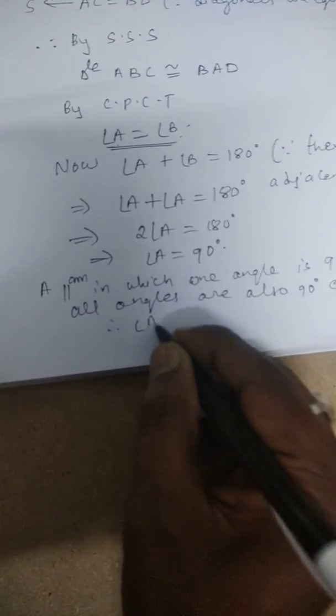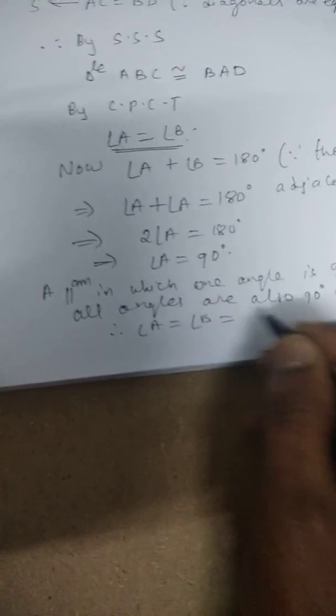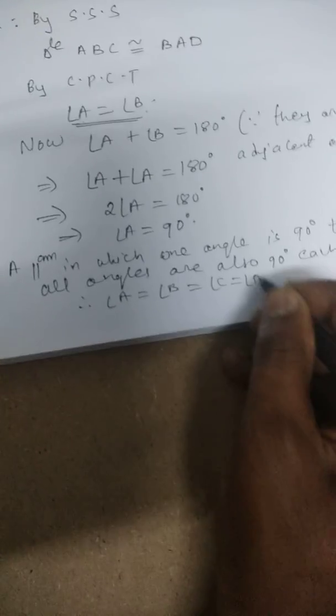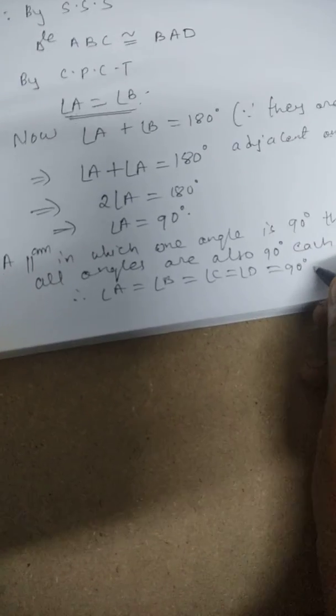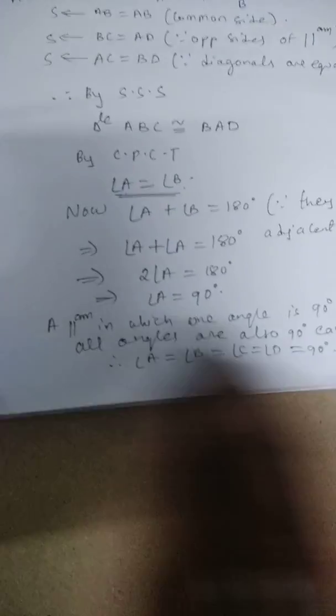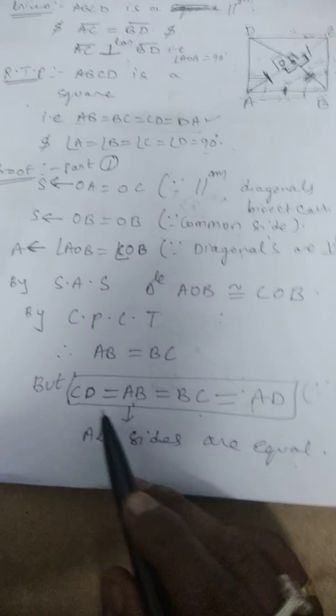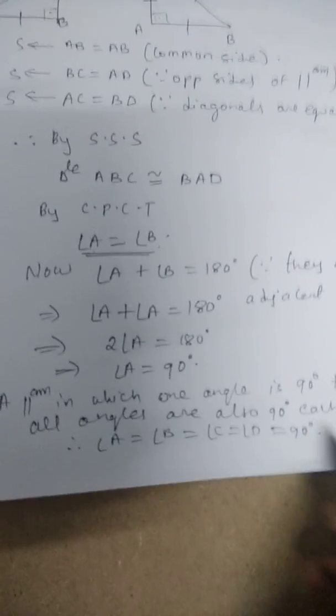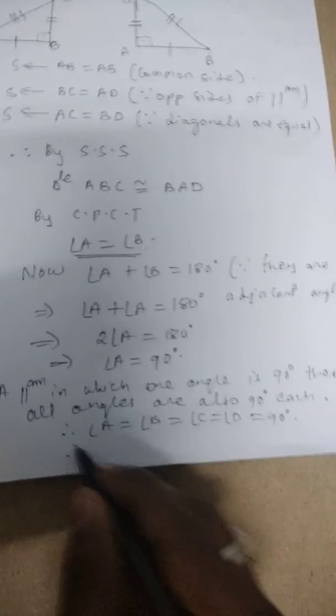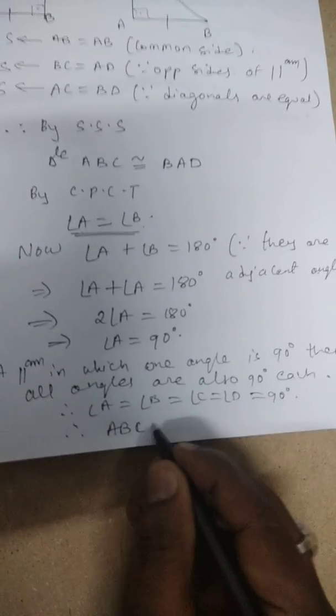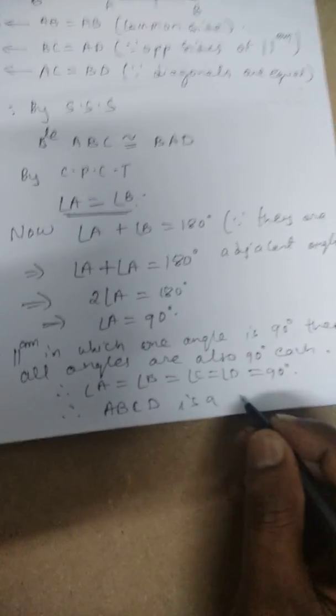Therefore, angle A is equal to angle B is equal to angle C is equal to angle D is equal to 90 degrees. So we already got all four sides equal. Now all angles are 90 degrees. Therefore, ABCD is a square.